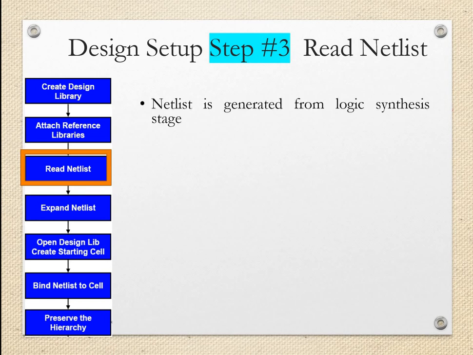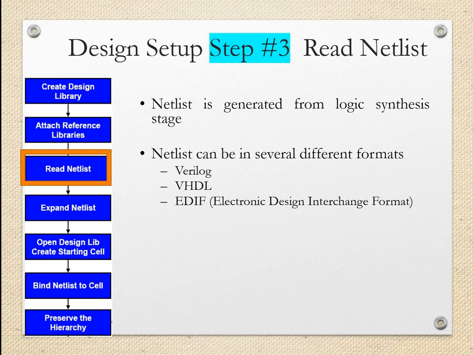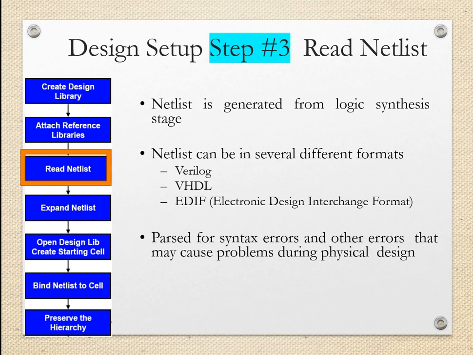The netlist is generated from the logic synthesis stage and can be in several different formats: Verilog, VHDL, EDIF, that is the electronic design interchange format, and we can enter the design by these particular languages, and then we can obtain the netlist. It is parsed for syntax errors and other errors that may cause problems during the physical design.